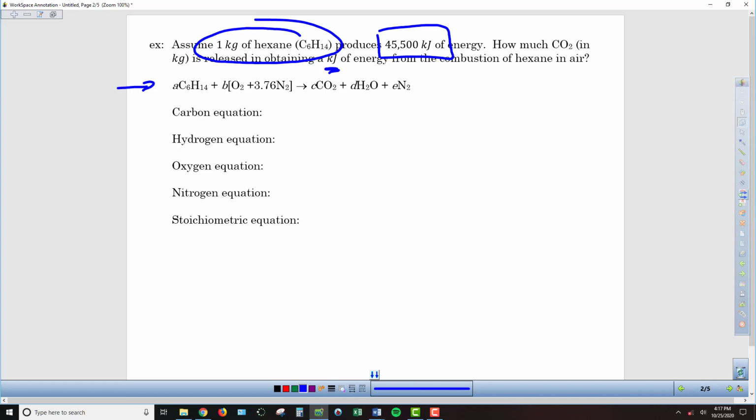So on the left-hand side for the carbon, we can see we've got A times 6, so 6A. And then on the right-hand side, we just have C atoms of carbon.